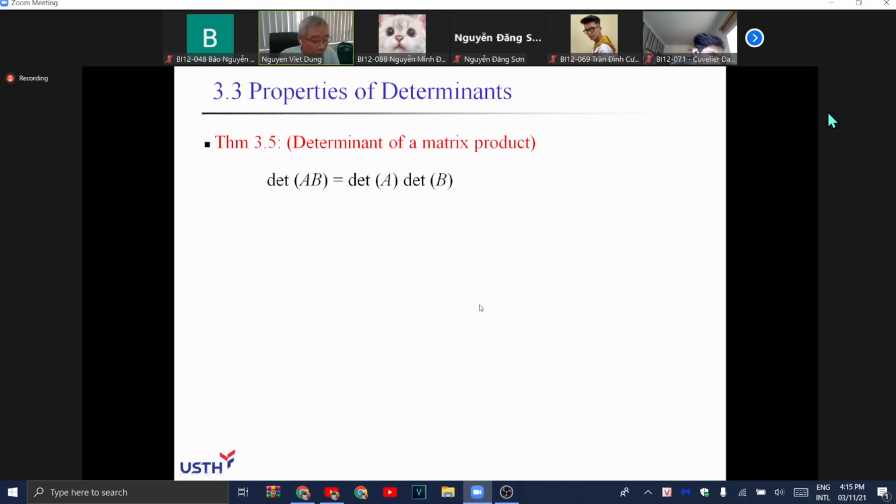Now, next I show you some properties of the determinant.